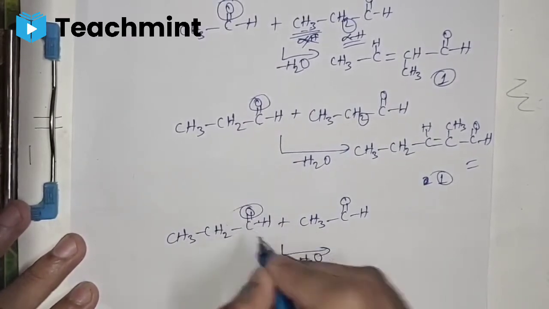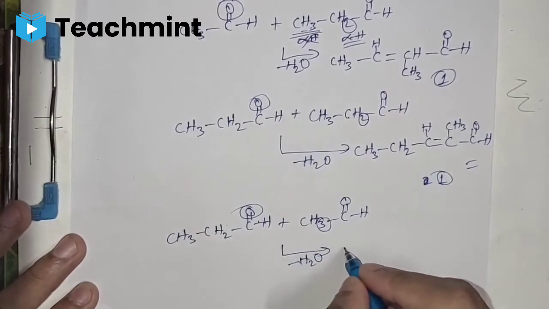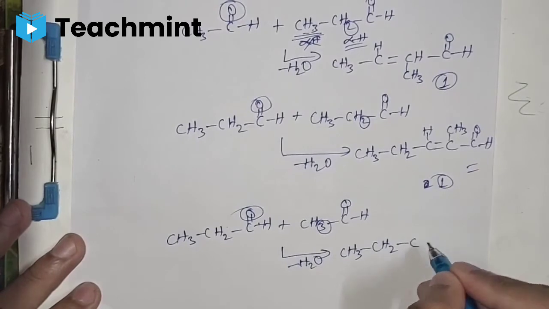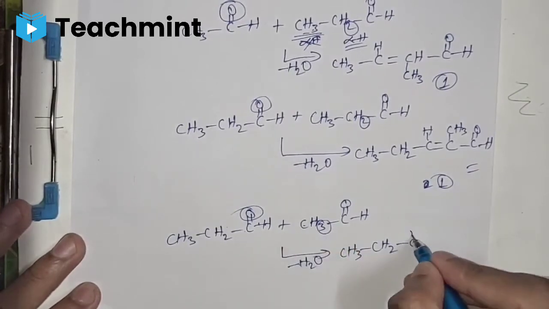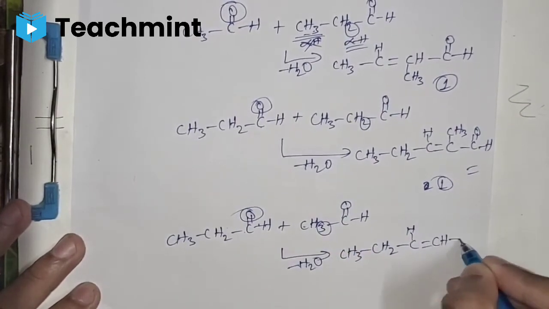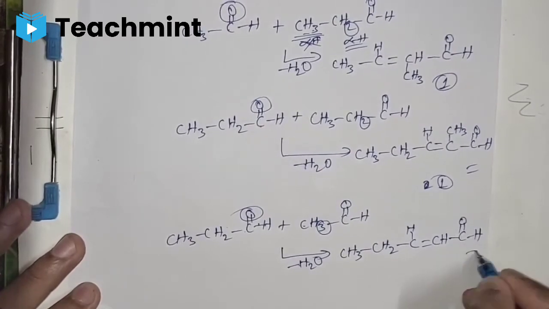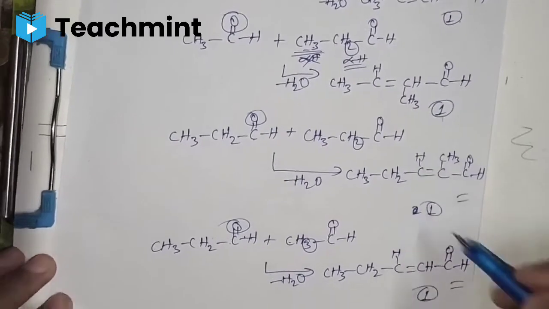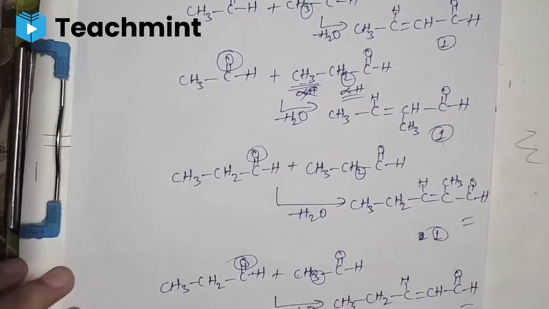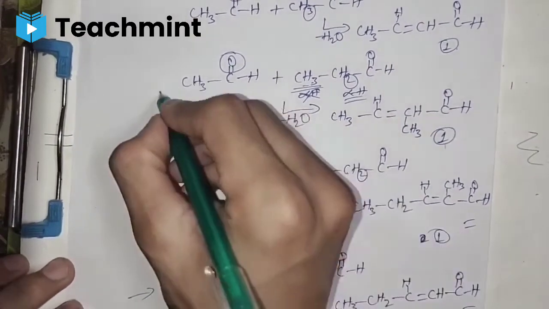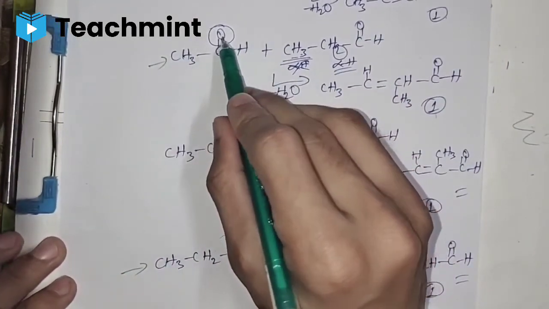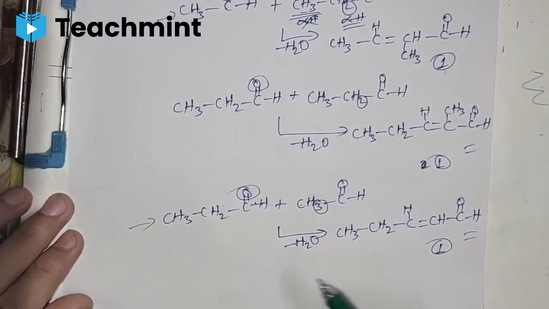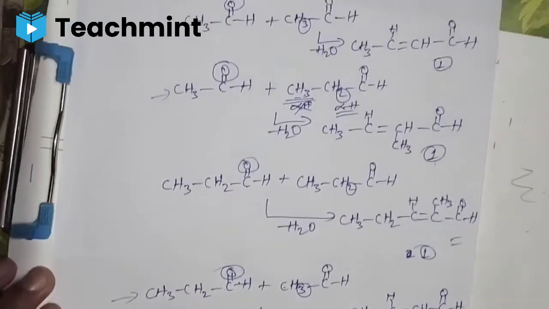So remove H2O, the oxygen from here, and here the alpha hydrogen. Double bond between these two. This one is our fourth product. So the total products are 1, 2, 3, 4. And see, the difference between these two is that here we removed oxygen from acetaldehyde and here we removed oxygen from propanaldehyde. So these two products are different.